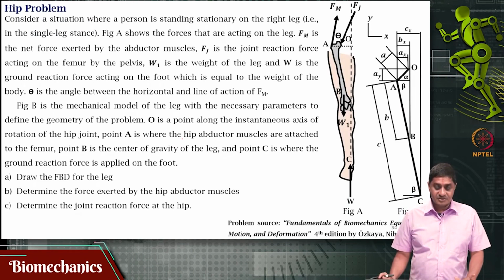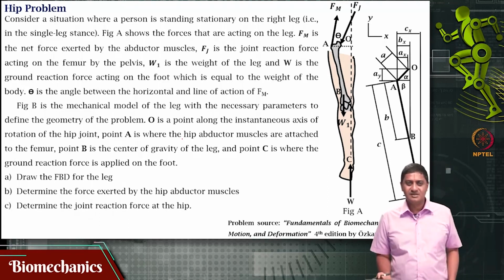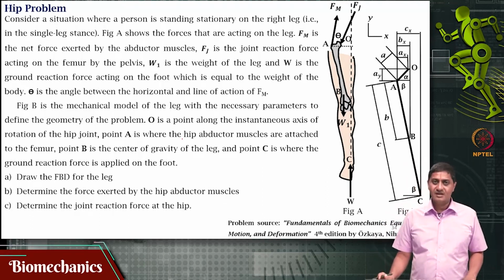Consider a situation where a person is standing stationary on the right leg. That is, this person is standing only on one leg, single leg stance. For the purpose of this problem, let us assume this is true. Figure A shows the forces that are acting on the leg.